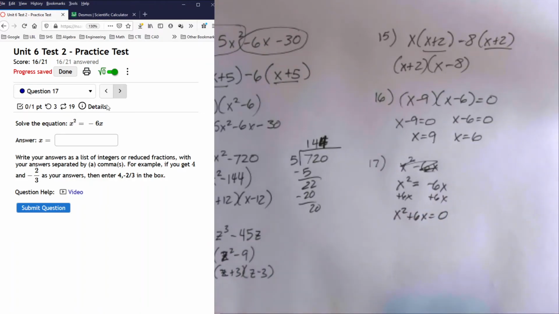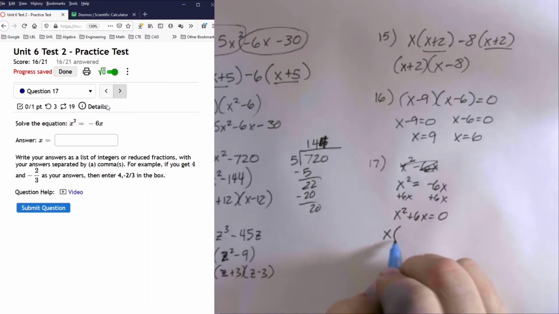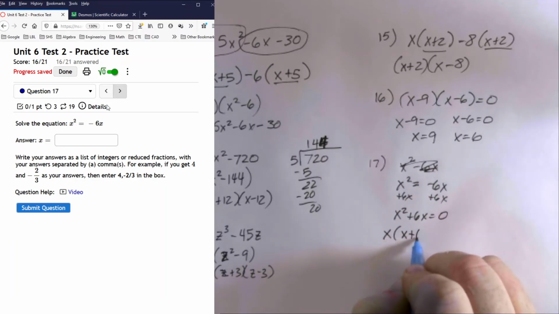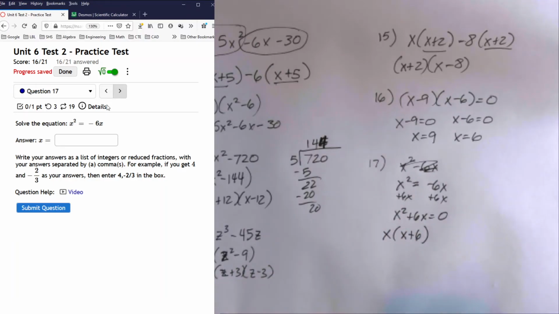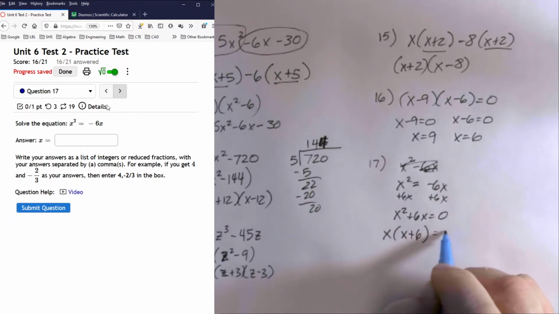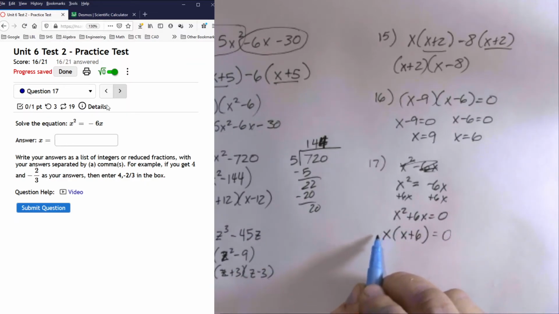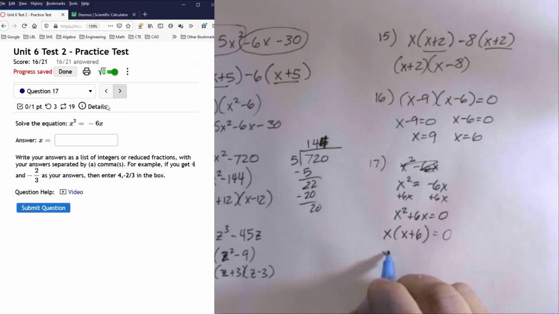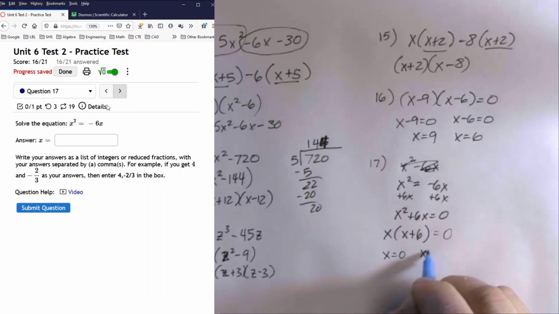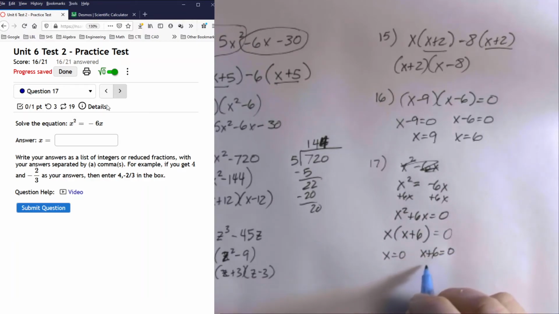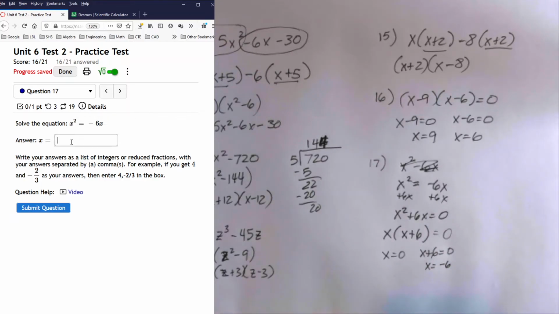Now I'm going to try to factor that, and I can see that has a common factor, x. So I have x times x plus 6, and that's going to equal 0. And so the zero product property says that x has to be 0 or x plus 6 has to be 0, which means that x could be negative 6. So my values here would be 0 and negative 6.